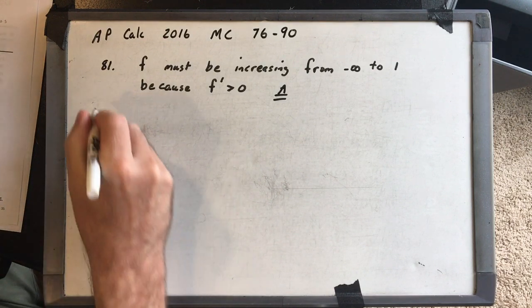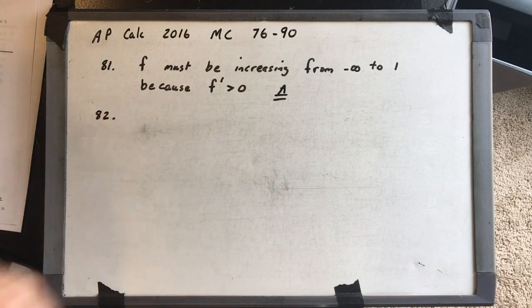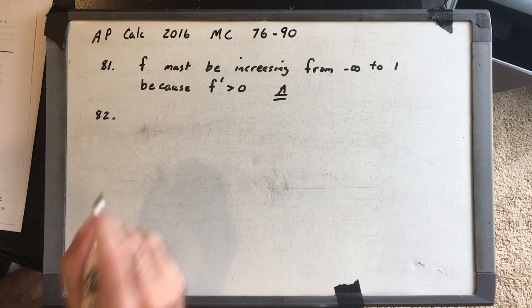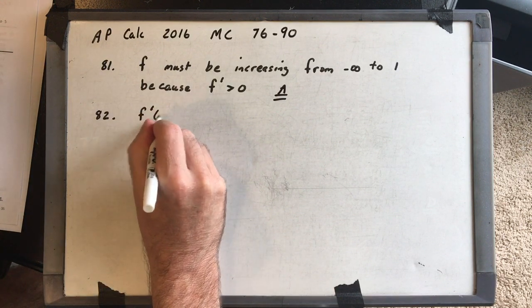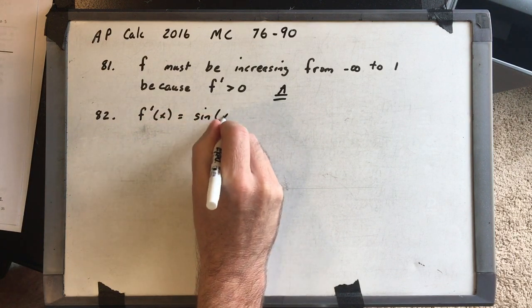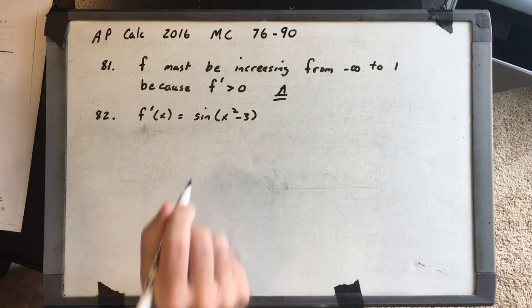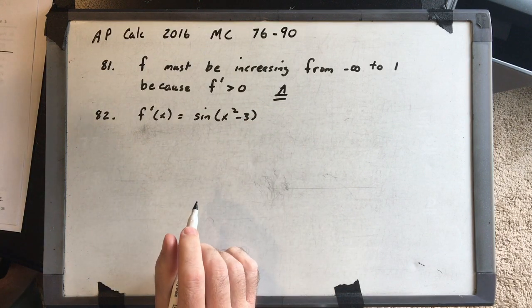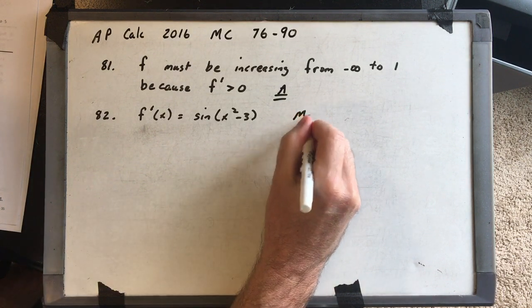All right, we're moving along. 82. It says let f be a function given by f prime of x is equal to sine of x squared minus 3. At what x values between negative 3 and 3 does f have a max?